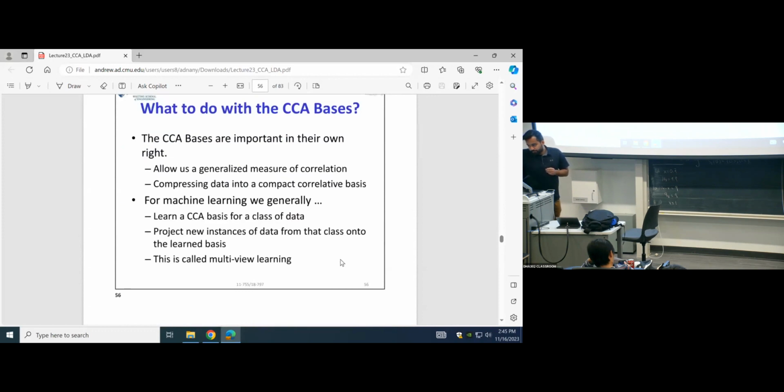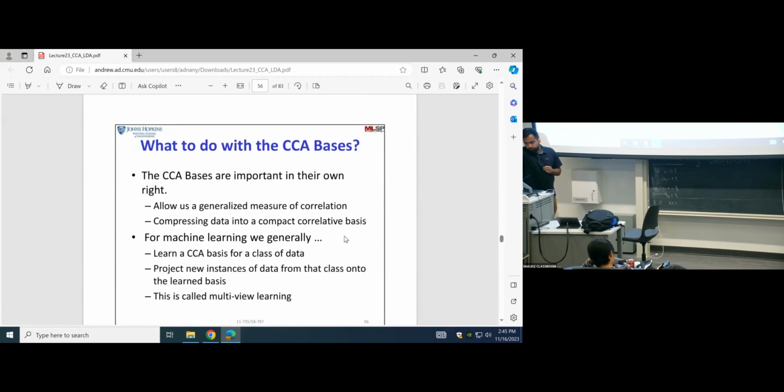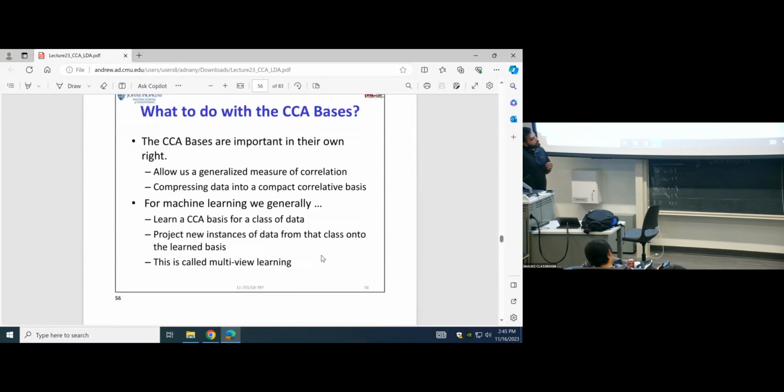Okay, and then, yeah, CCA basis is good for compressing data. And when you care about the joint representation, this is good.